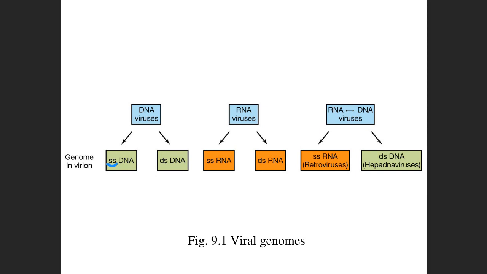The animal virus gets a little more complicated because it can have an envelope, usually a membrane embedded with lots of proteins, which protects the virus and enhances its entry into the host cell, especially the eukaryotic cell.